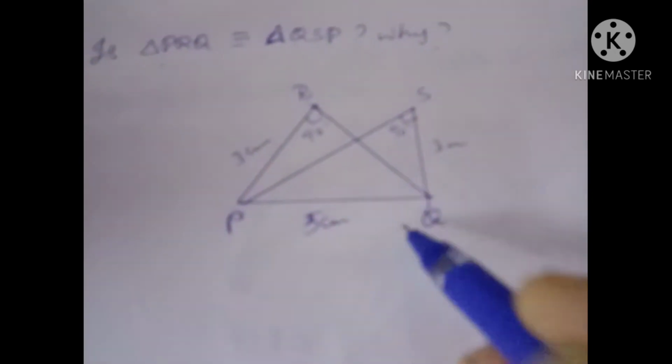Sixth question: triangle PQR is congruent to triangle QSP.